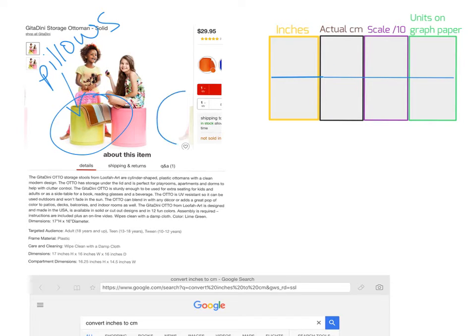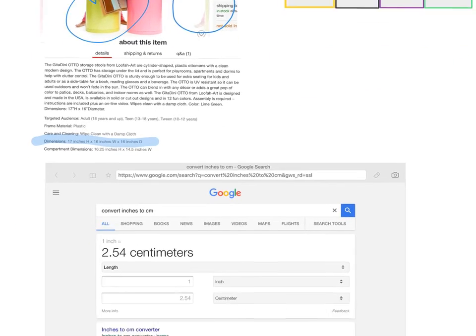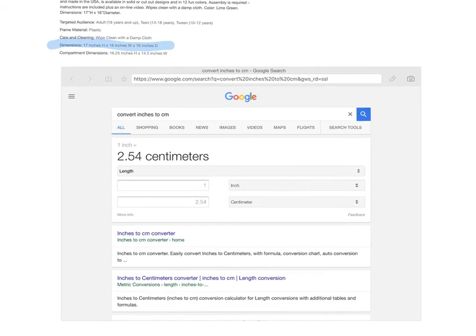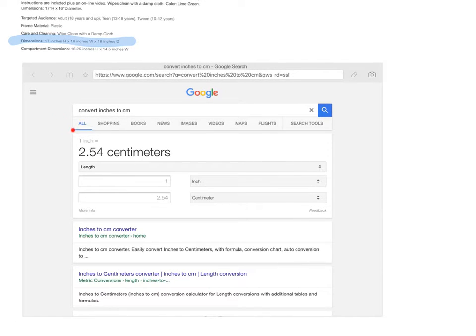This is a circle. So that's one little tricky part. Another tricky part is on my information, my dimensions, it's in inches and there is no centimeters. So this is a problem where I would need to go to Google and I would need to search, it's not going to let me highlight it, but I would need to search convert inches to centimeters.